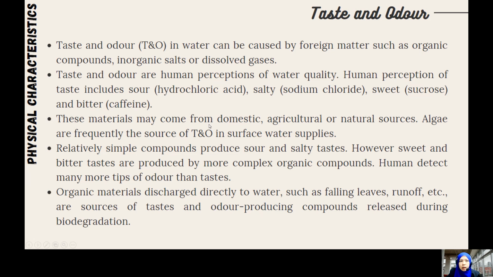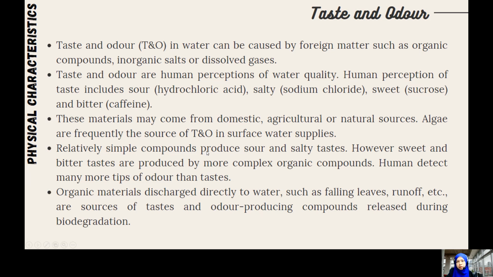Human perception of taste includes sources such as hydrochloric acid for sour, sodium chloride for salty, sucrose for sweet, and caffeine for bitter. These materials come from domestic, agricultural or natural sources. Algae are frequently the source of TNO in surface water supply.